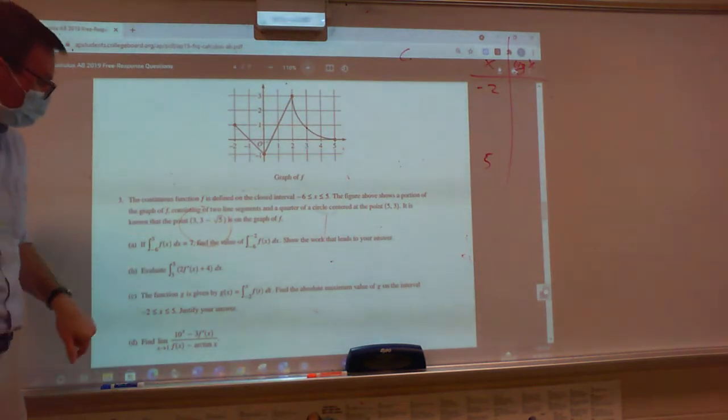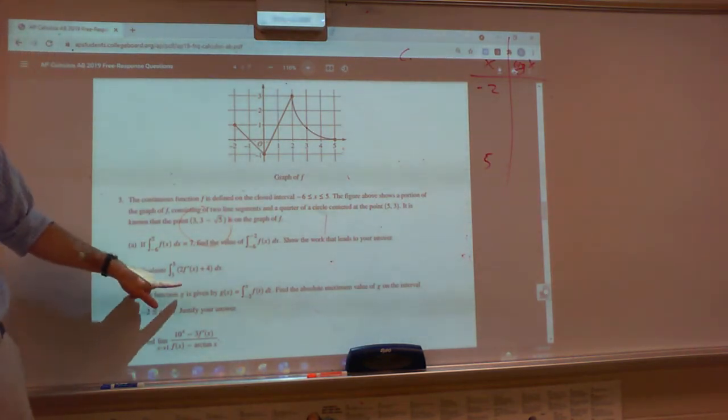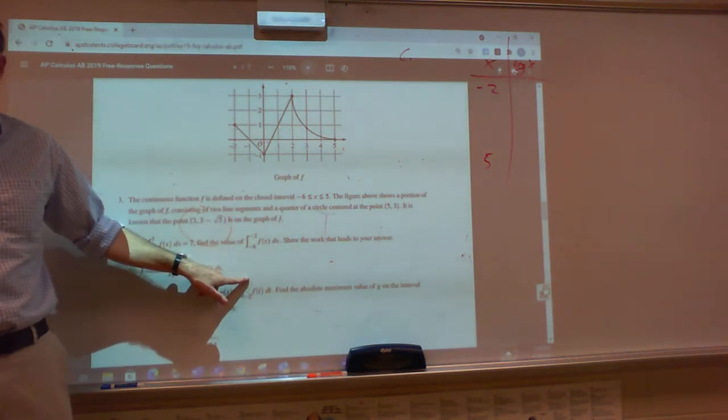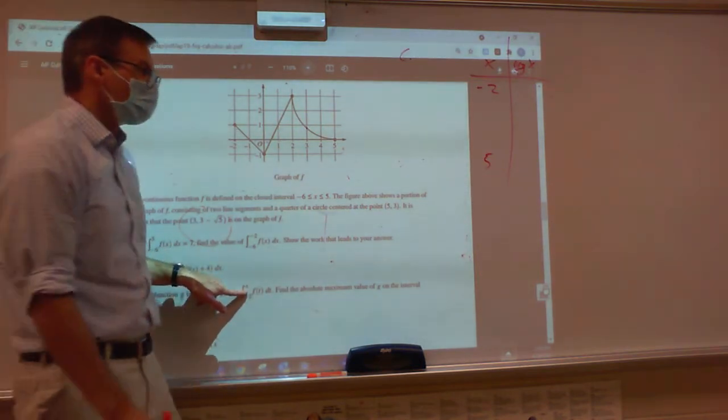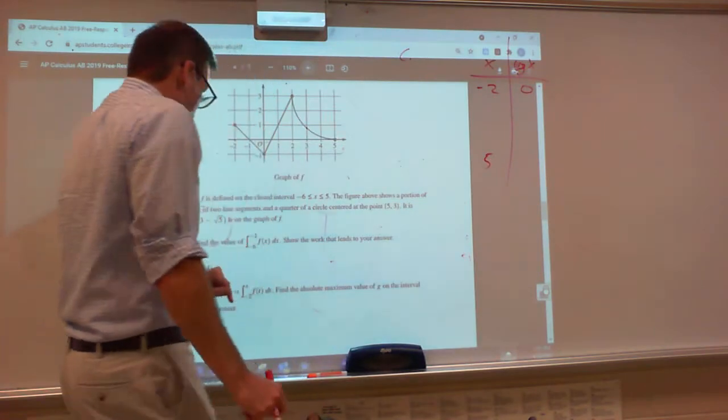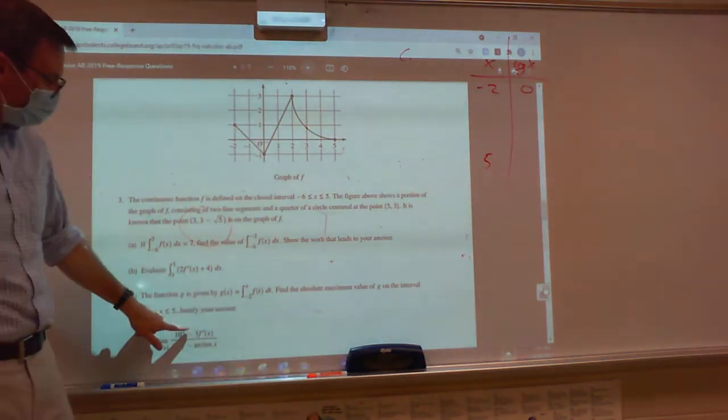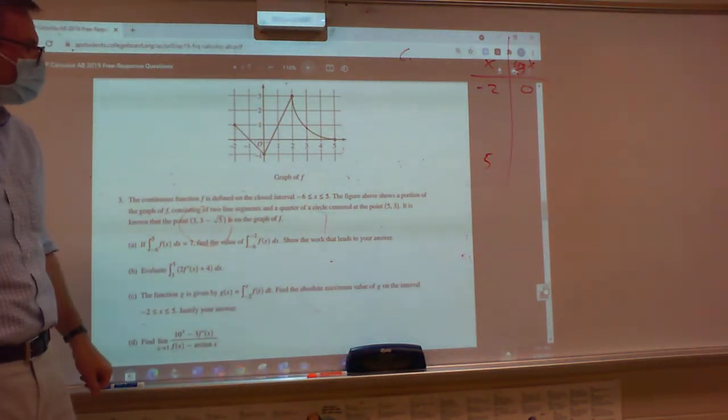What's the value at negative 2? 0. Is everybody okay from negative 2 to negative 2? You haven't gone anywhere, so your value of g is 0. And what's our value at 5? Negative 4 plus 9 pi.